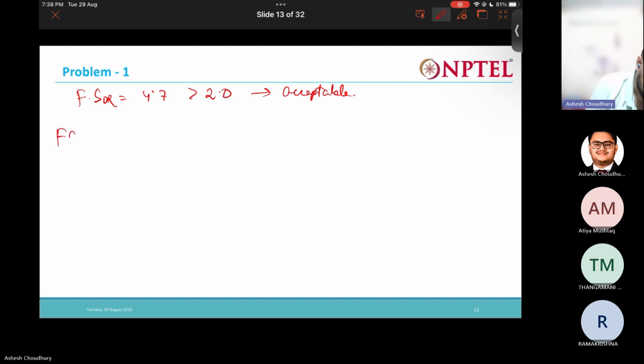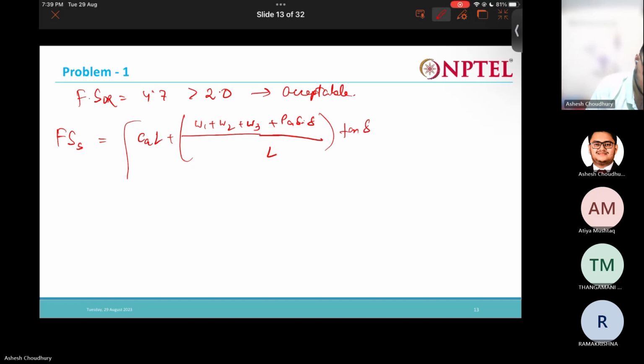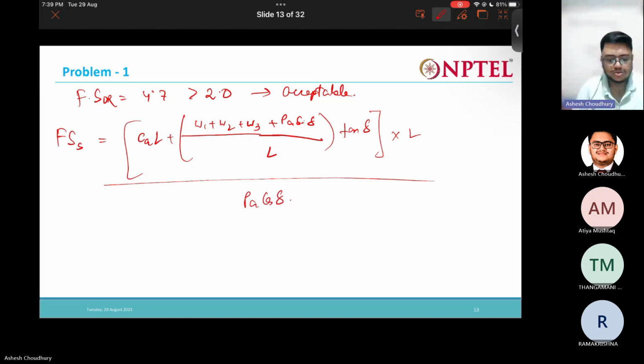Now the sliding factor of safety, same. Here what we will be doing is CA into L, plus W1, W2, W3 times tan delta, divided by PA cos delta. Here we are just averaging.